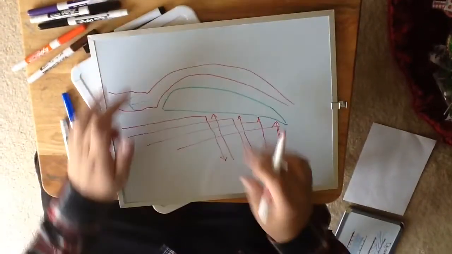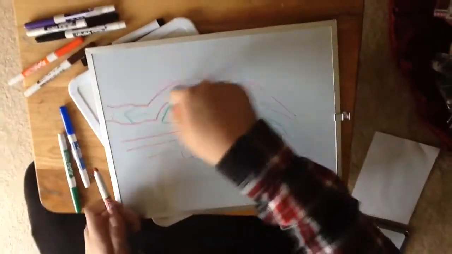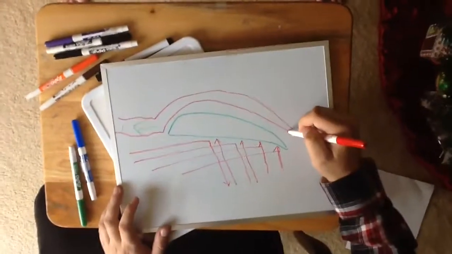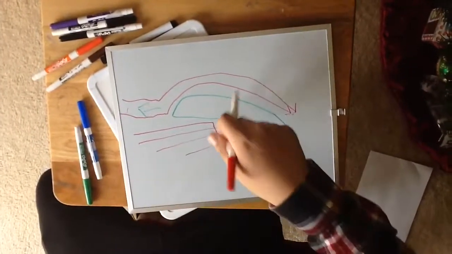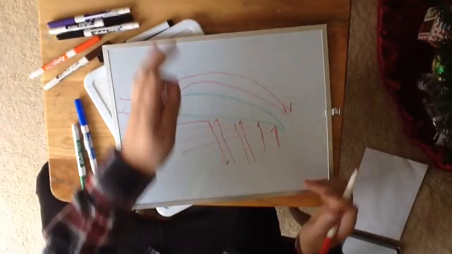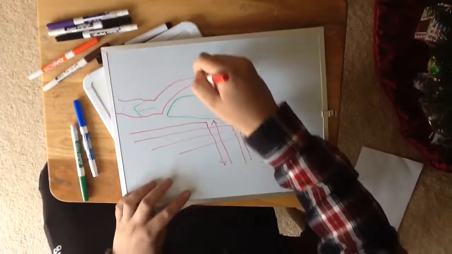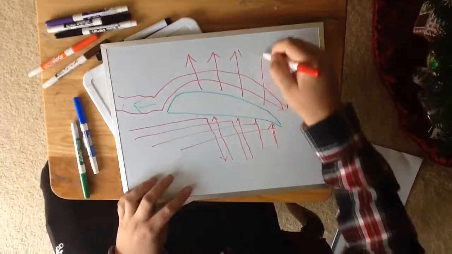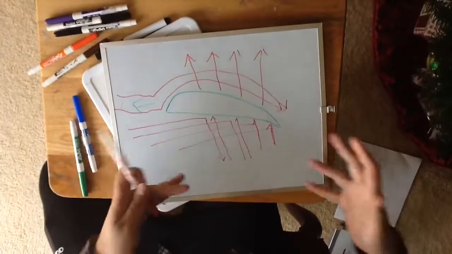With that upward motion, Bernoulli states that the faster the air goes, the less pressure. So when you have low pressure up here, again, the opposite reaction, it moves up. Essentially that's how the plane lifts.